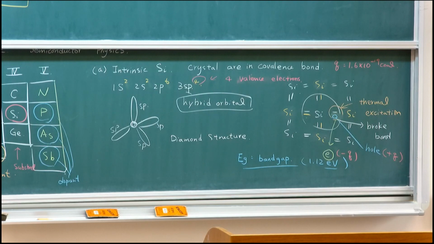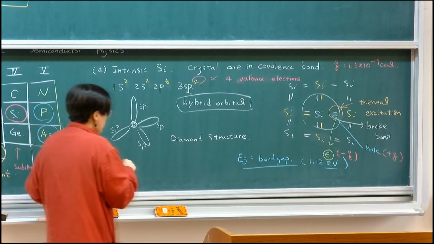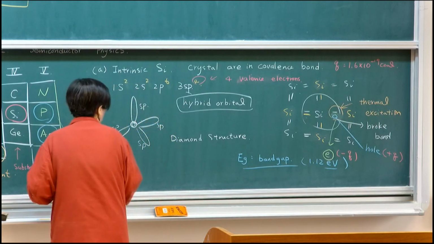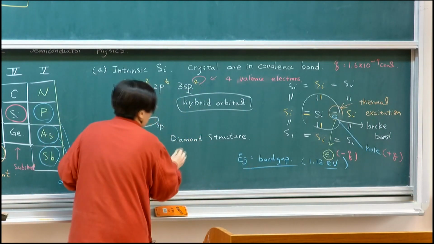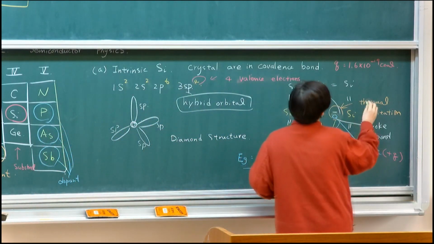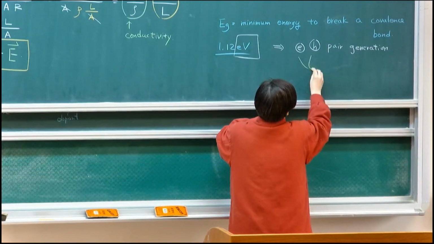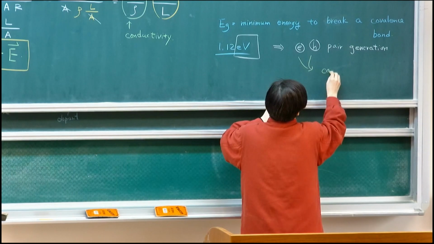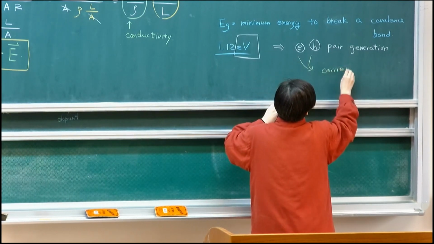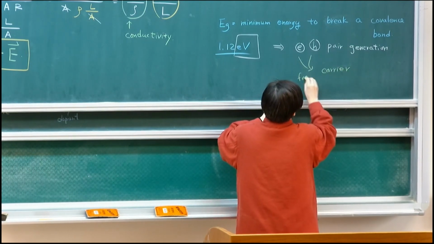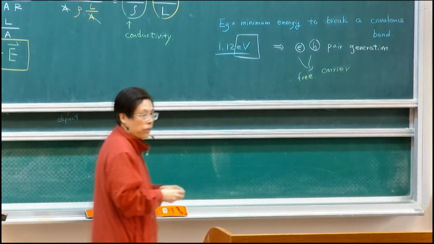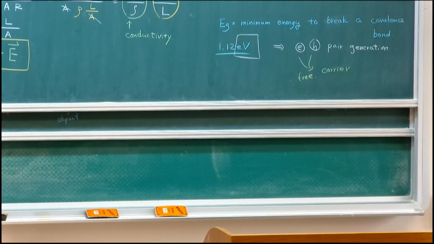They could move in different directions, but these electrons and holes become what we call free carriers. Once generated as free carriers, they can be moved by external forces, which we're going to talk about in the second part.